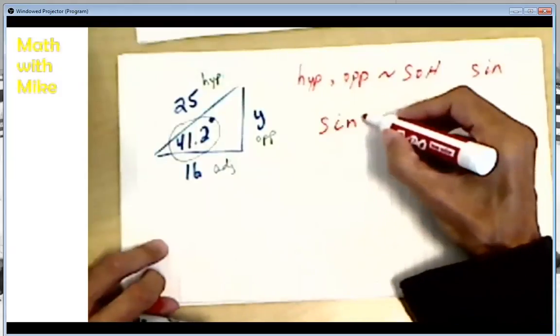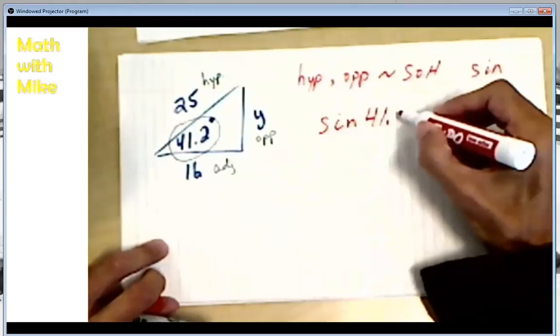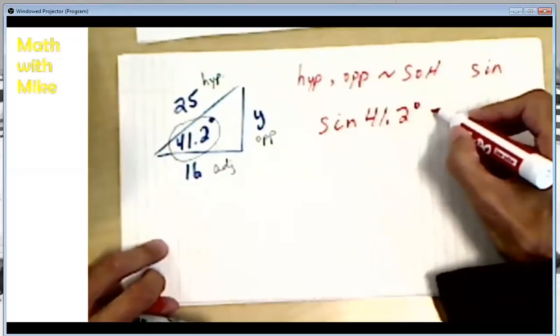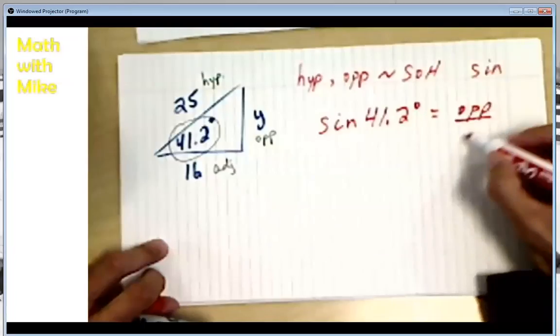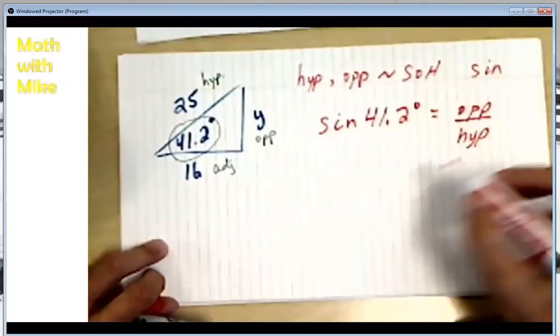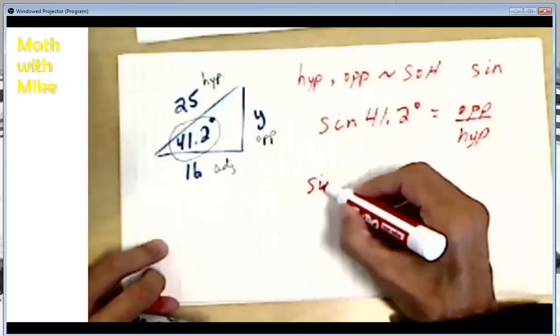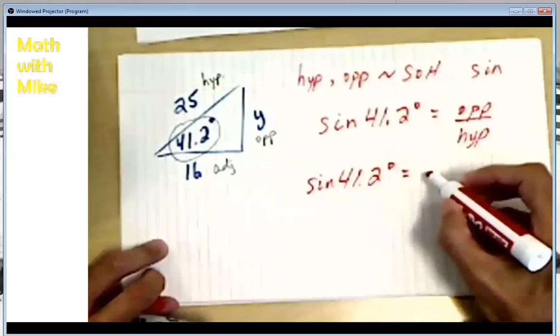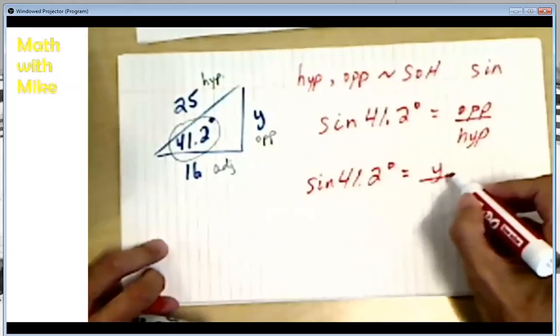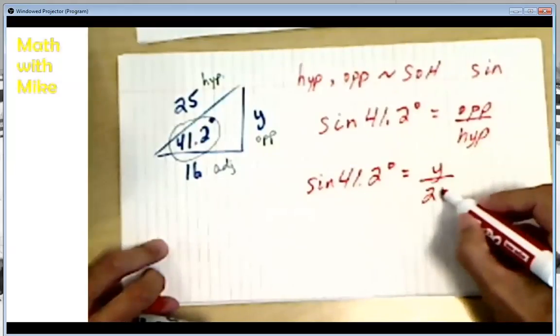So we've got sine of our angle, 41.2 degrees, is equal to, sine is always the opposite over hypotenuse, y divided by the hypotenuse, which is 25.